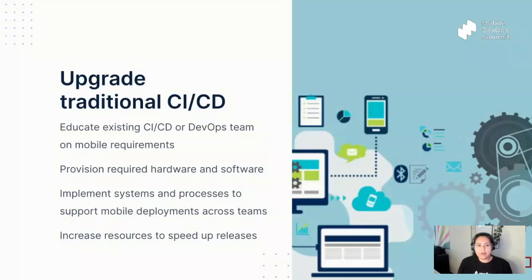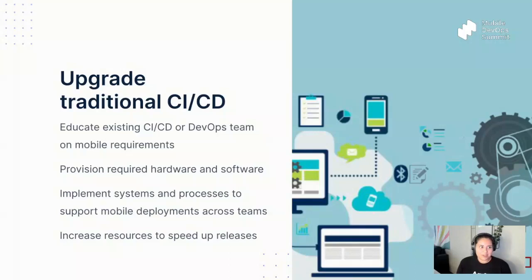This will typically involve leveraging an existing CI/CD or DevOps team. This will involve, again, cross-platform knowledge and cross-functional knowledge to ensure that the CI/CD and DevOps teams are up to date on the requirements for mobile deployments so that they can happen quickly.